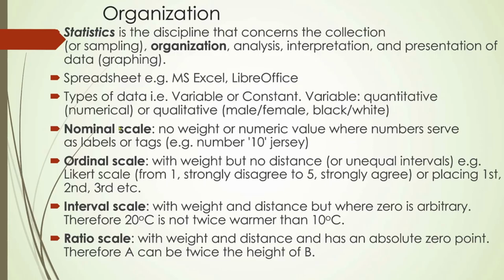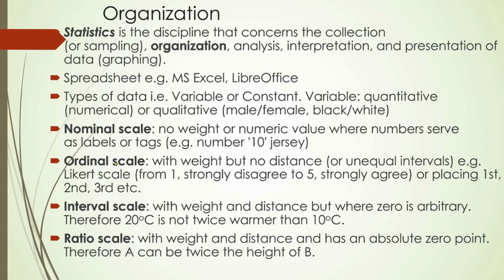For numerical data, it also depends on the number scale that you are working with. If it's a nominal scale, for example labels and tags, like the number 10 jersey in any sports team, there is no weight and no numeric value in this number. The numbers serve only as labels and tags.